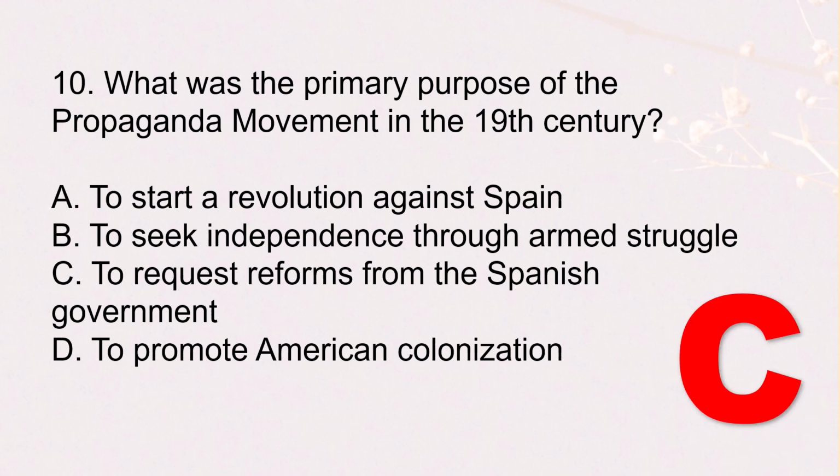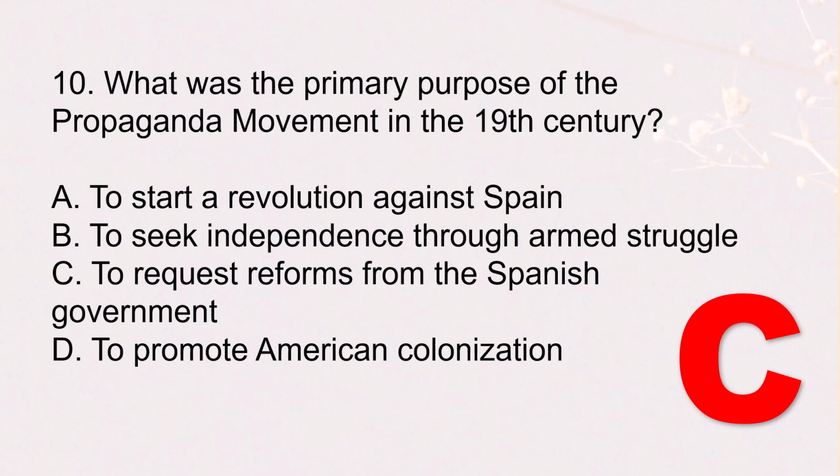Okay, so the correct answer is letter C. The primary purpose of the propaganda movement is to request reforms or changes from the Spanish government. Jose Rizal and other propagandists wanted to obtain equal rights for Filipinos under Spanish rule, and they didn't want independence, but just equality.